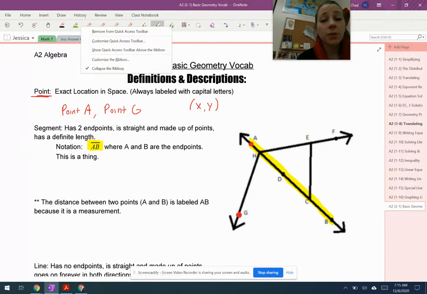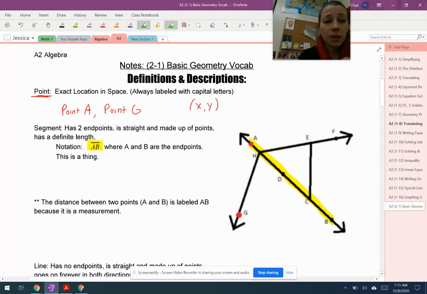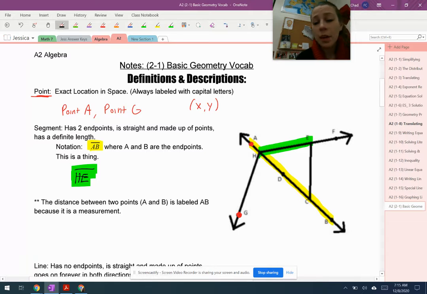Another example that I'll do in green would be, let's go line segment HE. So line segment HE is going to be from endpoint H all the way to that endpoint E. I'm just going to make those points a little bit more definite with the green.